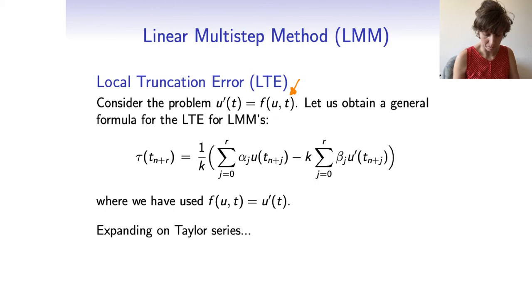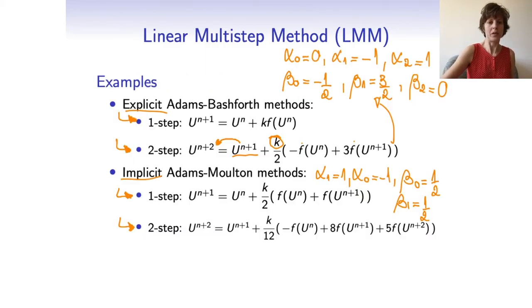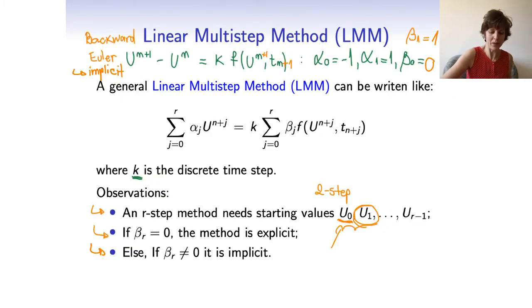So the local truncation error is calculated when we substitute the exact solution into the method. So just coming back here, the method is given by this, okay?